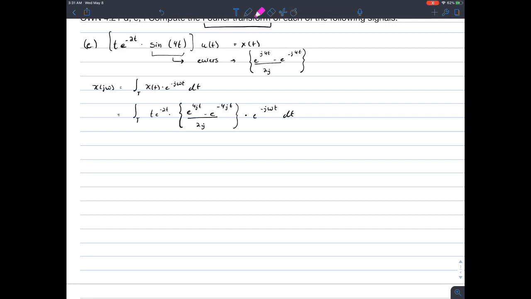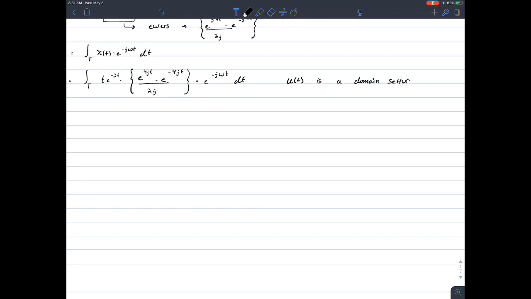Okay, and you're probably wondering why I have left this out. So that u(t) function is basically a domain operator for you. We know that u(t) is only valid from 0 to infinity.